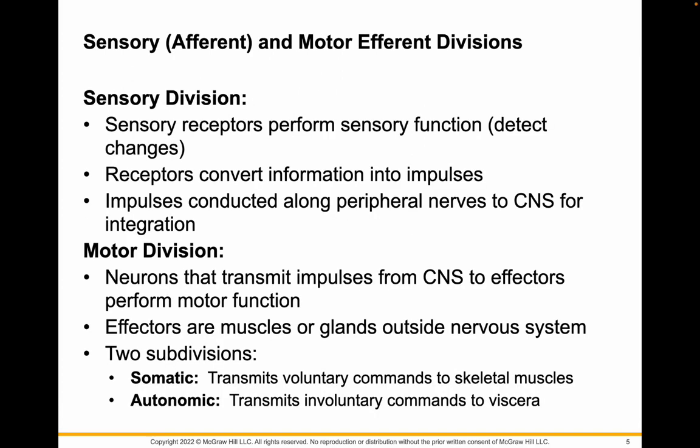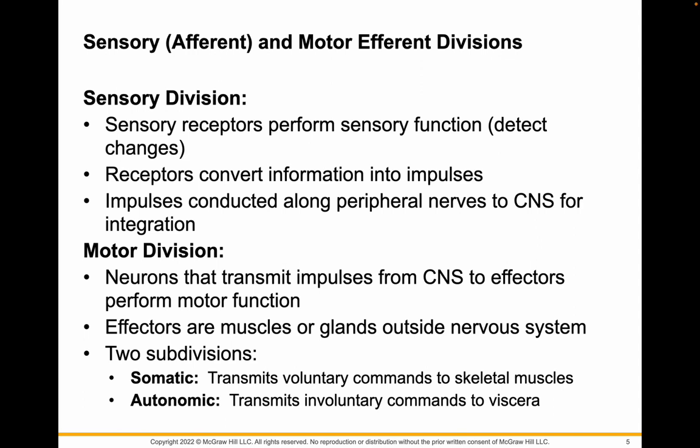So let's talk about the sensory or afferent division first. So this is where sensory information is detected, or there's changes detected, and the receptors start to make an impulse that runs down this nerve heading to the central nervous system for integration. The motor division will take a transmitted impulse from the central nervous system to the effector cells, whether it be muscle or glands.